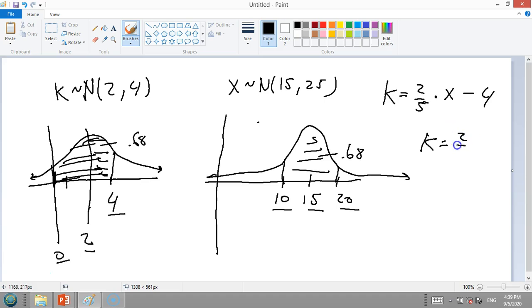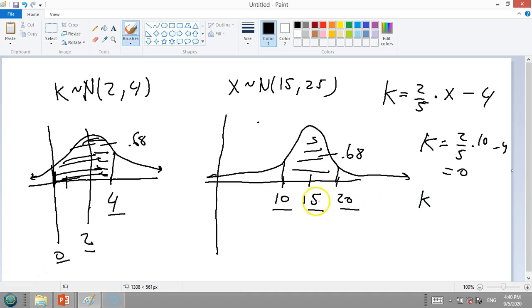That's 2 over 5 times 10 minus 4. Look, 10 times 2 is 20, divided by 5 is 4, minus 4 is 0. Bam. Everything is straight.